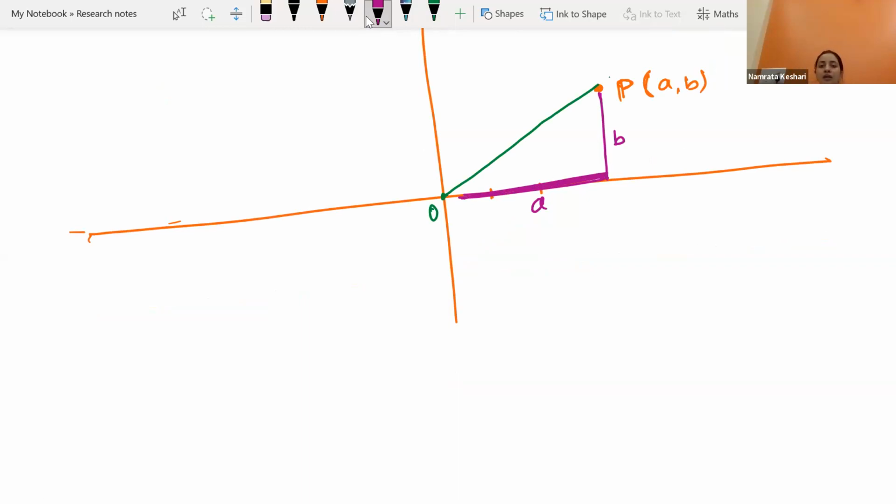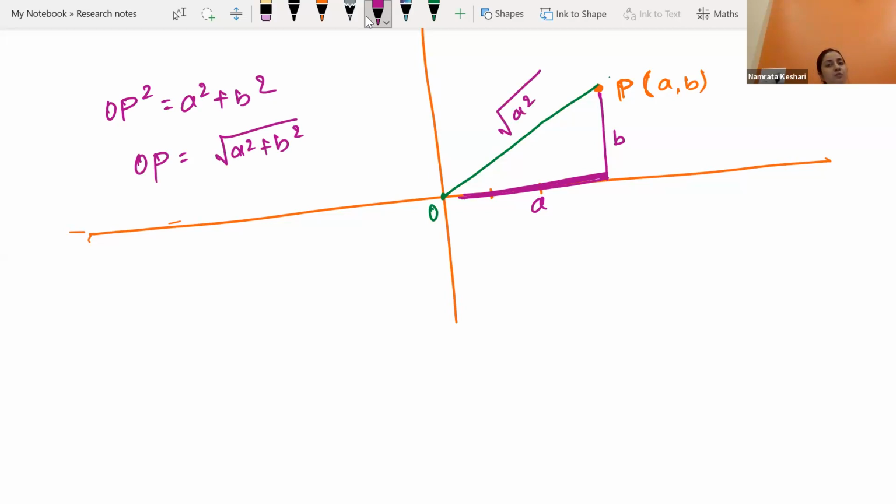So what we have to find here is OP. We can use the Pythagoras theorem: OP square is nothing but a square plus b square, and OP is under root a square plus b square, right?